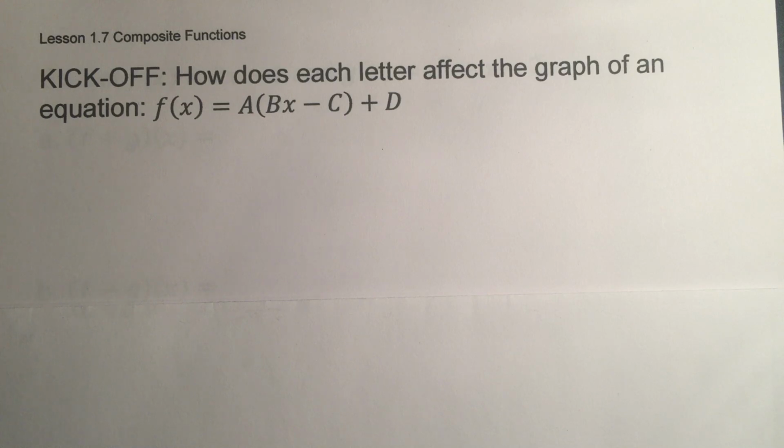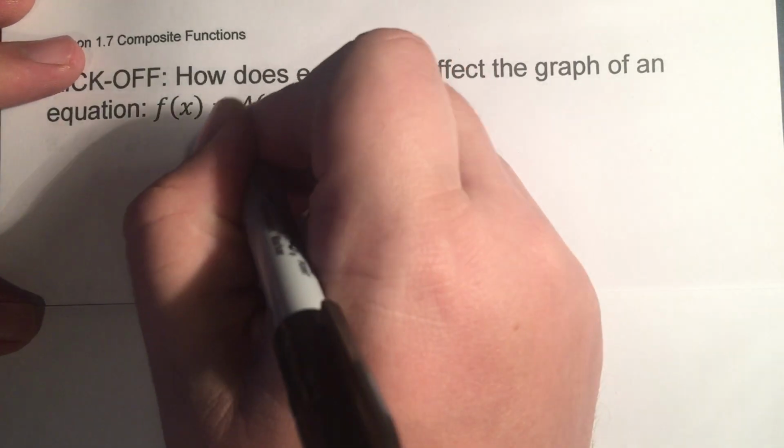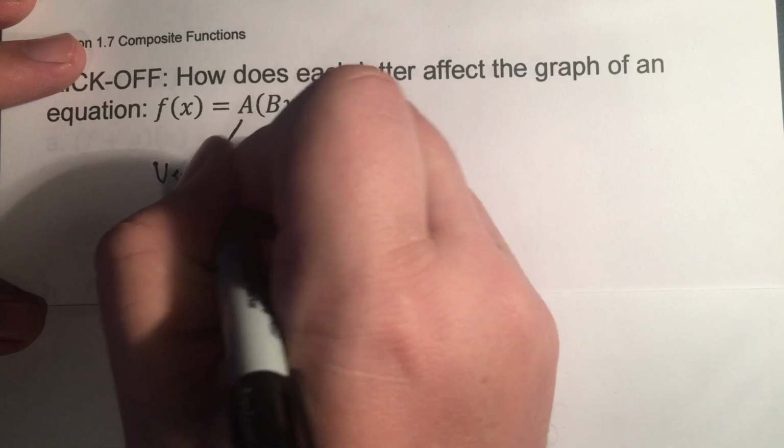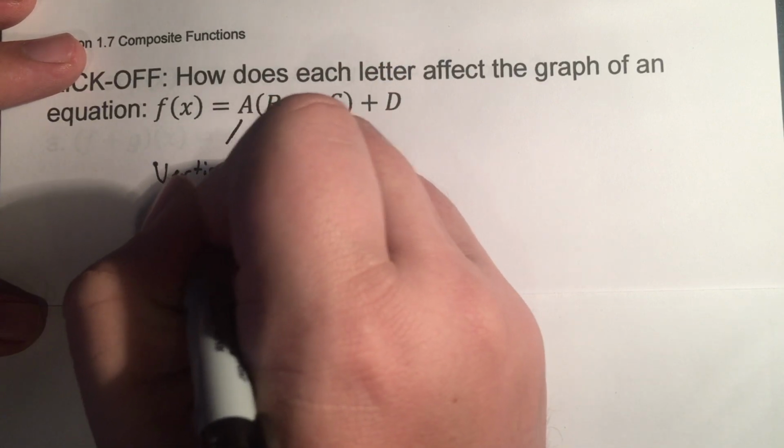Right, so lesson 1-7, composite functions. So how does each letter affect the graph of an equation in the form of f of x equals a(bx minus c) plus d? Well, a is going to be your vertical stretch.